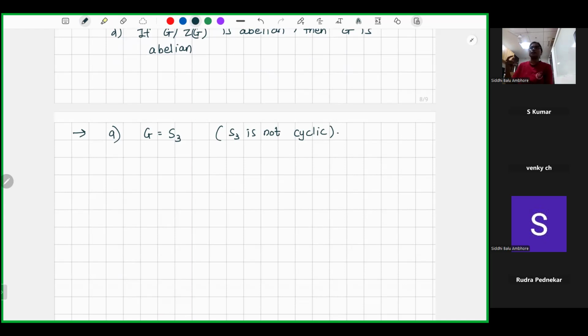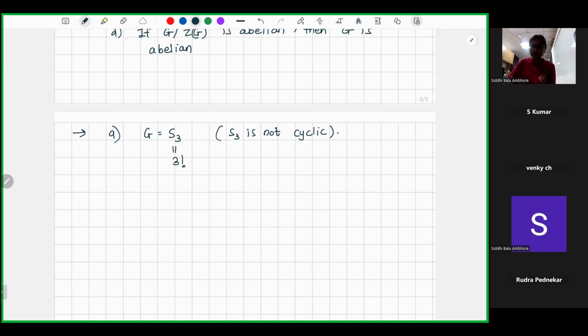A cycle of size 6 will have order 6, a cycle of size 3 will have order 3, and the transposition, or 2-cycle, will have order 2, and then there is the identity permutation. If it were cyclic, it would be of these forms. I hope you understand what I'm trying to say here. But the size of S3 is 3 factorial.